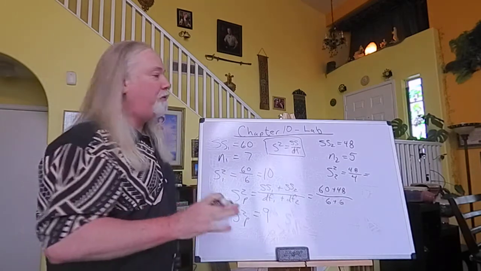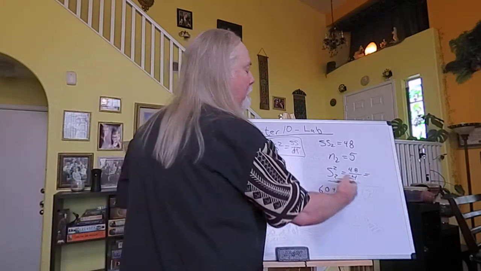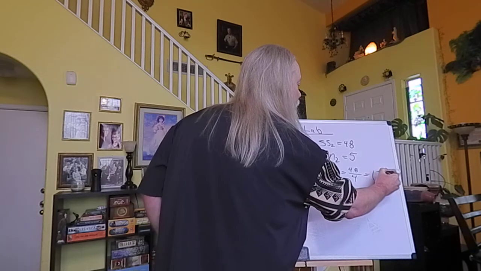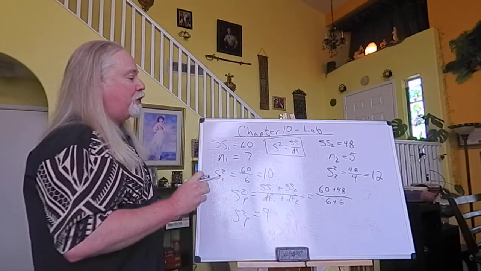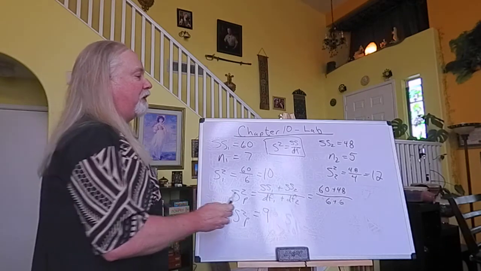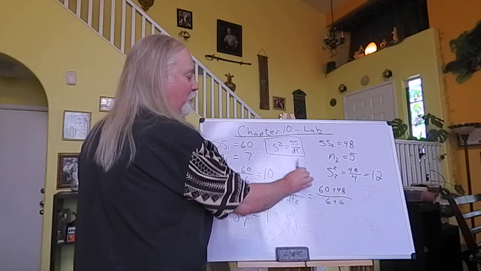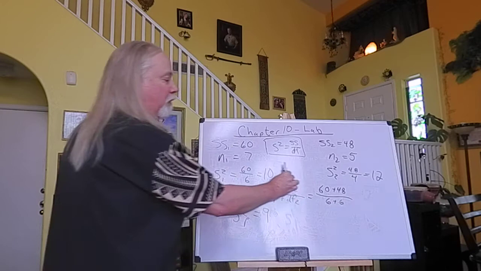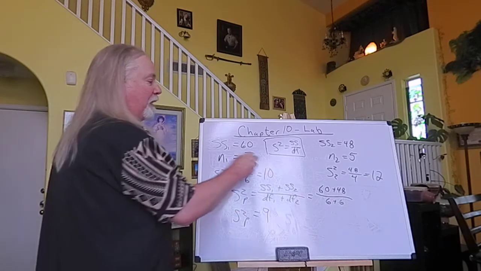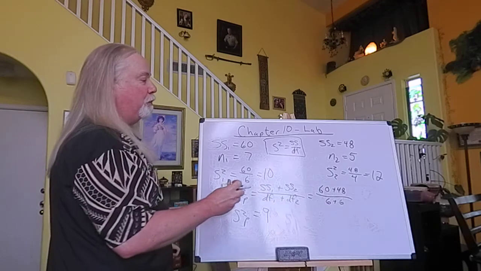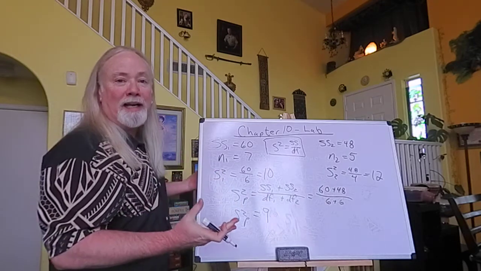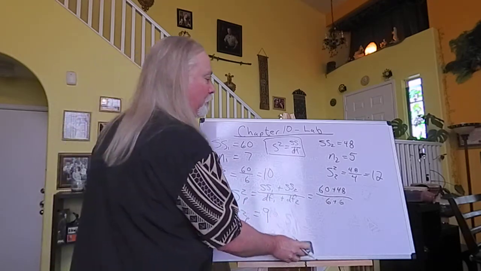So our sample variance for the second sample moves up to 12. And we should find that the pooled variance should be not exactly halfway between 10 and 12, but closer to 10 because it's the larger group. It gets pulled towards the larger group. So we can't take a shortcut here because we don't have evenly balanced groups.